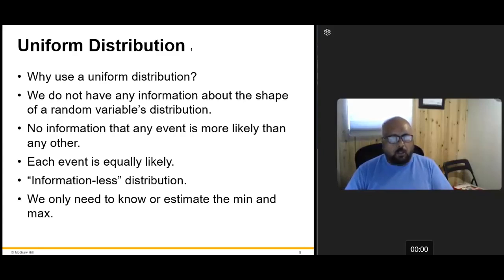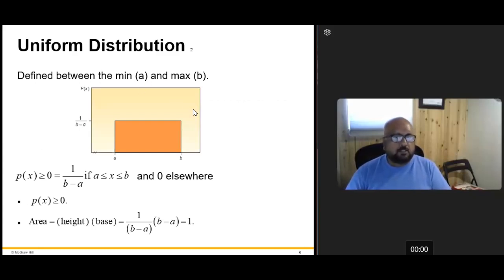If you look at this, it is the shape of a uniform distribution, with a minimum point A and a maximum B. The mean is the midpoint, which is A plus B divided by 2, the midpoint of the interval.